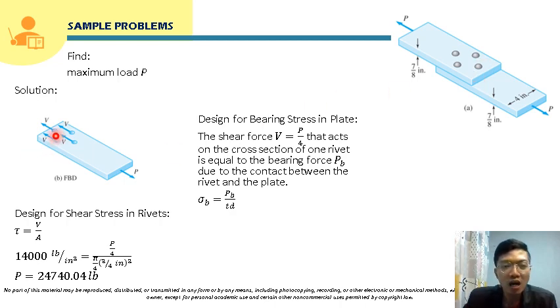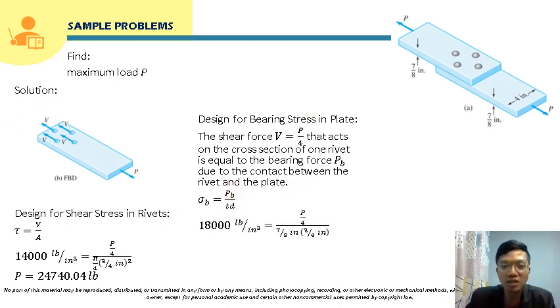Just like the shear force here, if you're going to solve for the bearing forces using the equilibrium equation, that will just be 4 Pb minus P is equal to 0. So solving for Pb, that will just be P over 4. Just like the shear force, the bearing force will just be the same, P over 4.